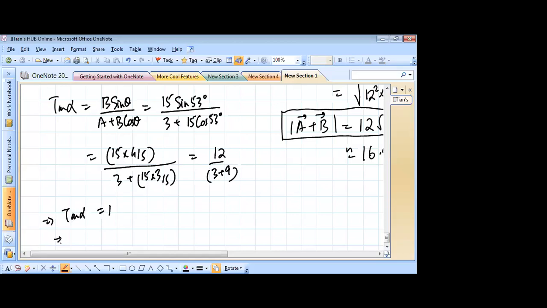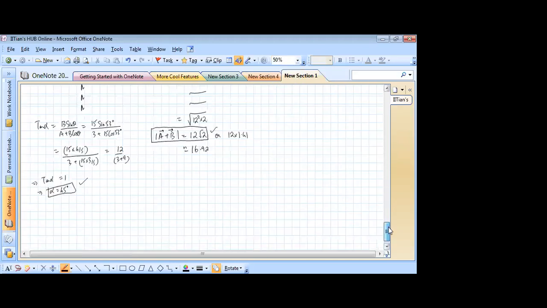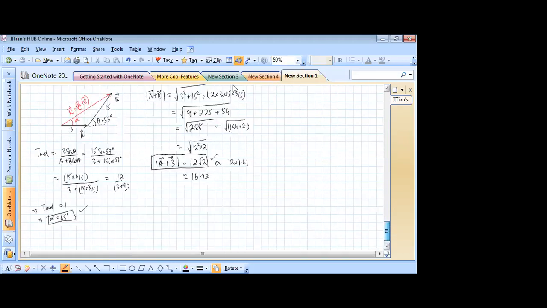So alpha is coming to be unity, which means alpha is 45 degrees.